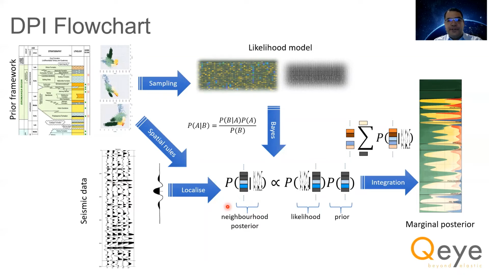So that's what is represented here. That's a neighborhood posterior of a given facies configuration existing given a set of seismic traces. And that's going to be proportional to the probability of this set of seismic traces existing given this facies configuration, times the probability of that facies configuration existing.